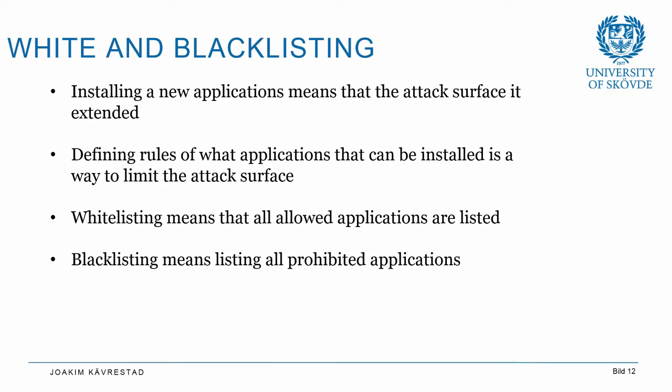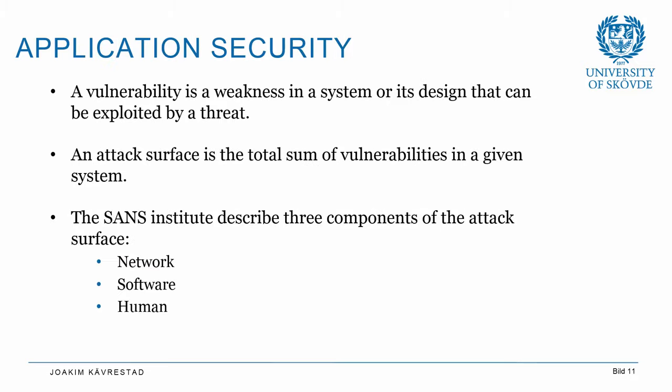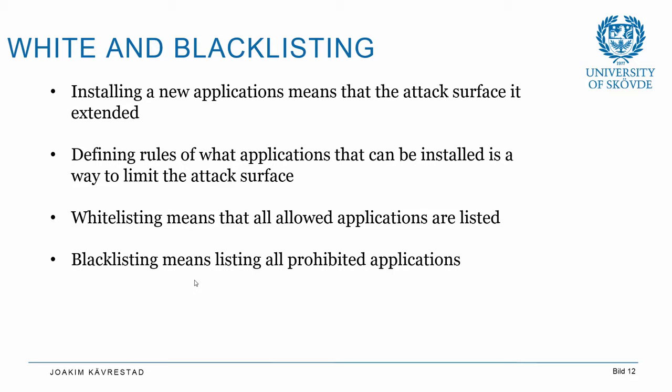Another term I want to describe is whitelisting and blacklisting, which is essentially a technique to minimize the attack surface. One way to minimize the attack surface is, of course, to make one of the components smaller. The smaller the network, the smaller the attack surface; the smaller the software component, the smaller the attack surface, and so on. If we can have less software, the attack surface is made smaller.